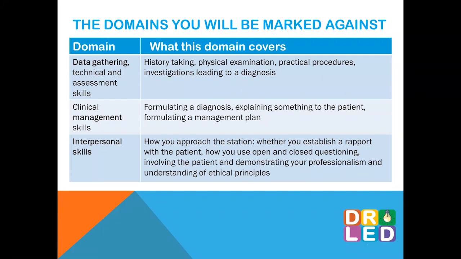Data gathering is simply gaining information from your patient. This can include history taking, physical examination, practical procedures, and investigations leading to a diagnosis. So that is domain number one.